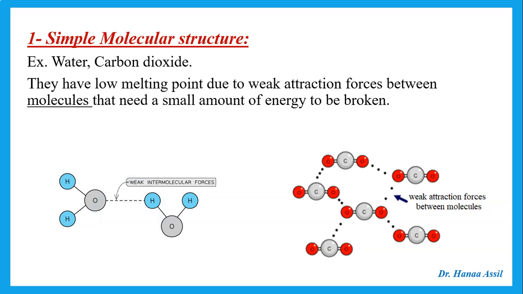Why? Because there are weak attraction forces between molecules, or weak intermolecular forces, that need a small amount of energy to be broken to separate these molecules so that they can either melt or boil.